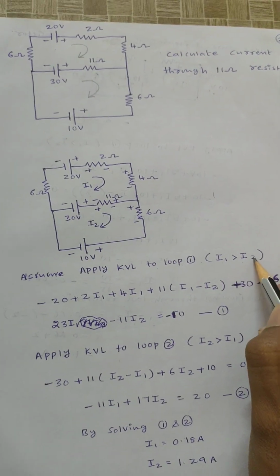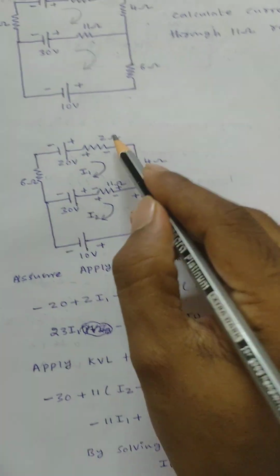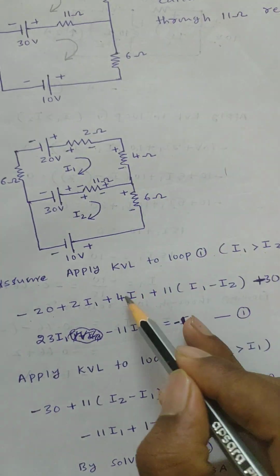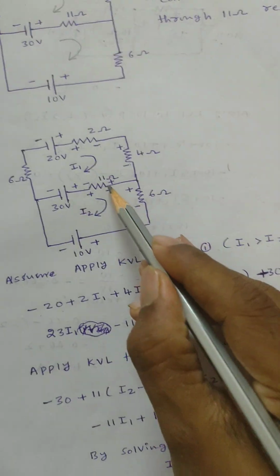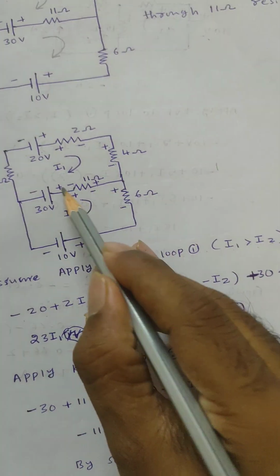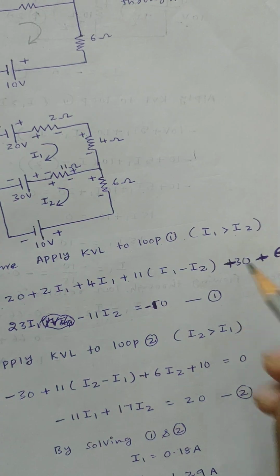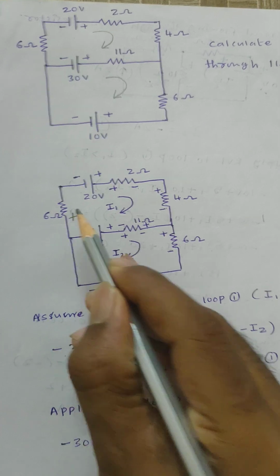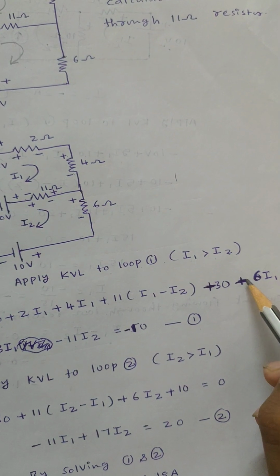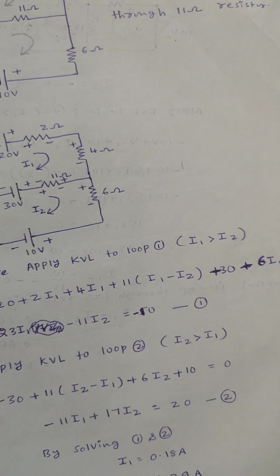From loop 1, for minus plus, minus 20, plus 2 into I1, plus minus plus 4 into I1, again for plus minus, plus 11 into (I1 minus I2), again here plus minus, that is plus 30 volts, again here plus minus, plus 6 into I1 is equal to 0.